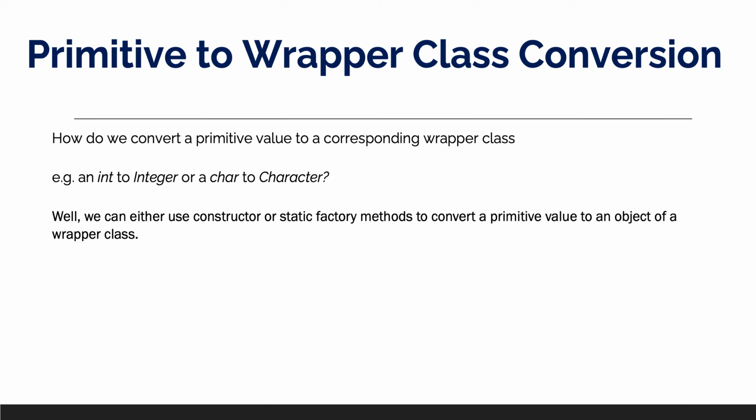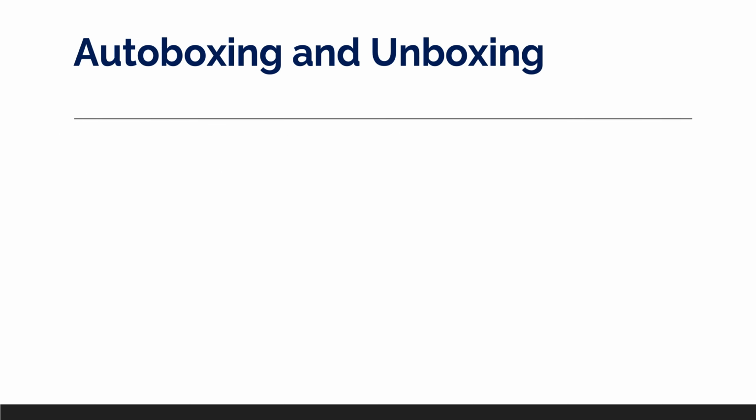Well, we can either use the constructor or a static factory method to convert the primitive value to an object of a wrapper class. So basically the wrapper class provides some constructors or some static methods, using which we can convert all the primitive data types into the corresponding wrapper classes. We will see how we can do it.